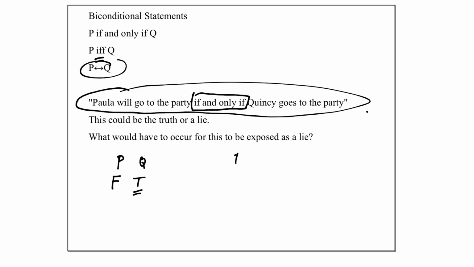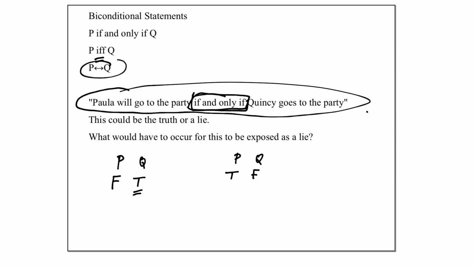On the other hand, if Quincy doesn't go, but Paula does go, this would also be a lie, because it's saying Paula will go if and only if Quincy goes. So if Quincy goes, Paula has to go, because it's saying she will go if and only if he goes.